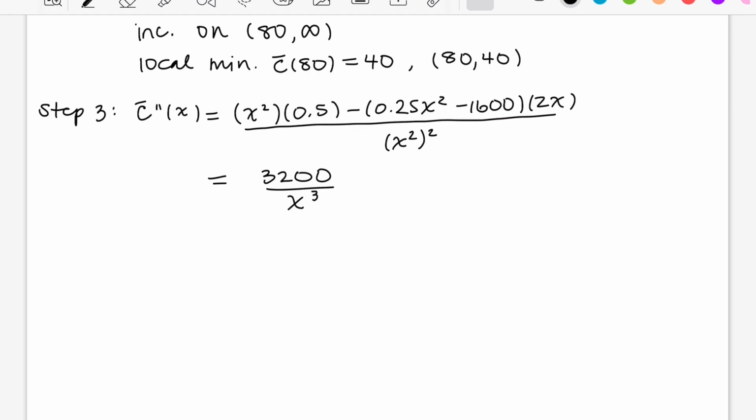Alright, and then something to notice about this function is that it is actually always going to be positive, right? Because for all x in our domain, all positive numbers, our second derivative is going to be positive. The only thing that would make this negative is if we plug in a negative number in here, but that's not even in our domain.